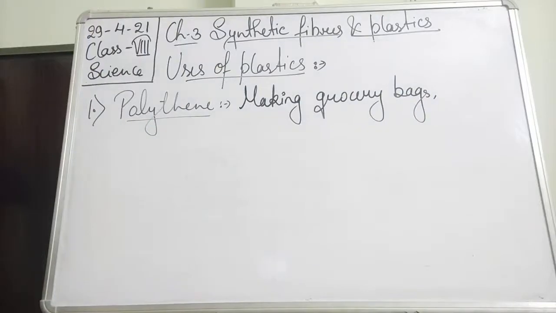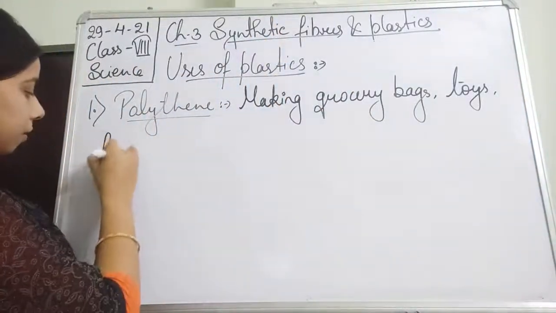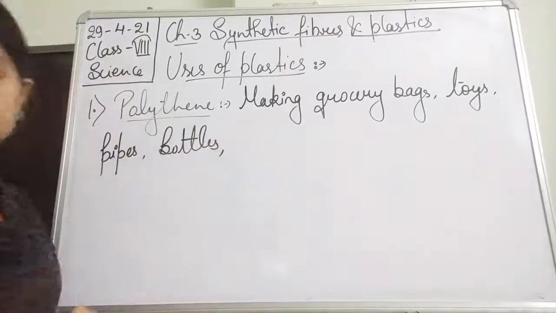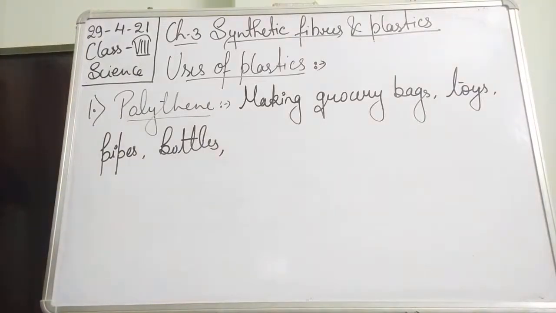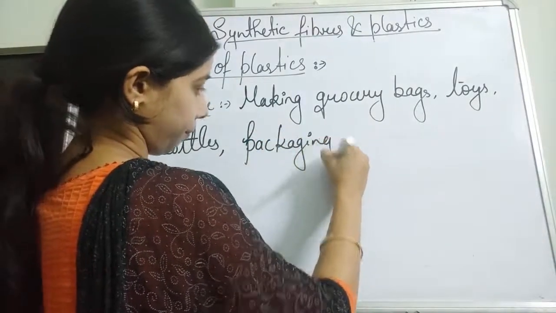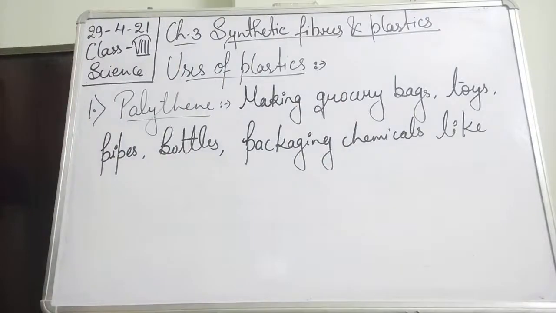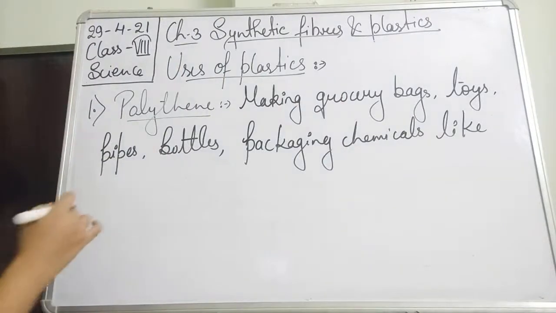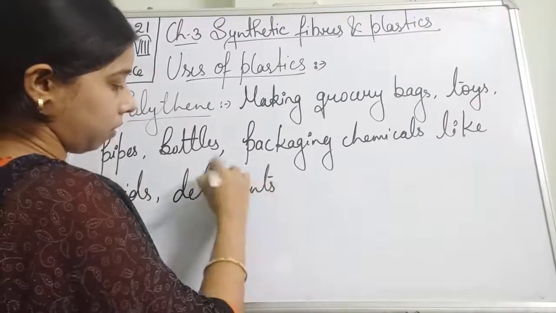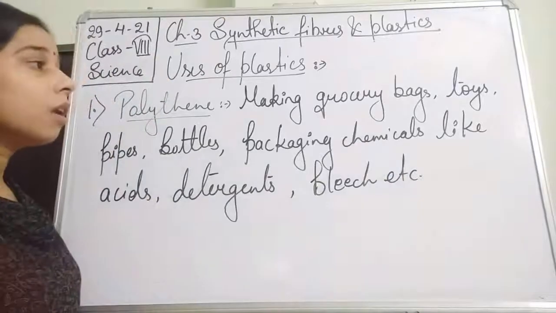Then it is used in making toys, pipes, bottles, and packaging chemicals like acid, detergents, bleach, etc. So this is the use of polythene.